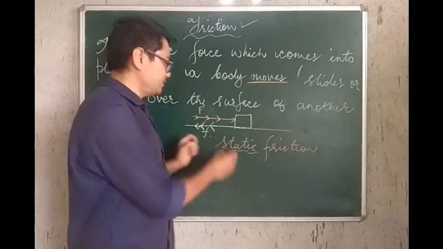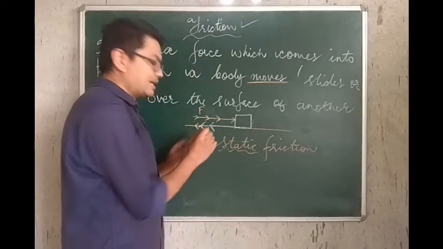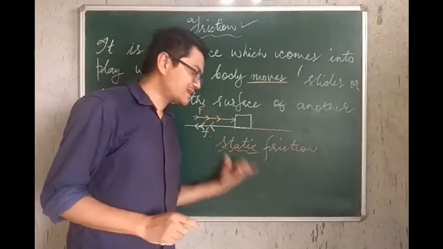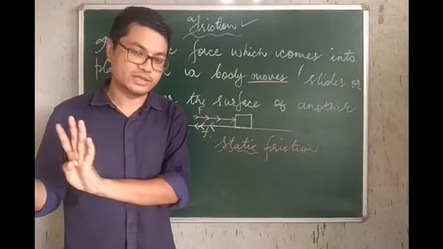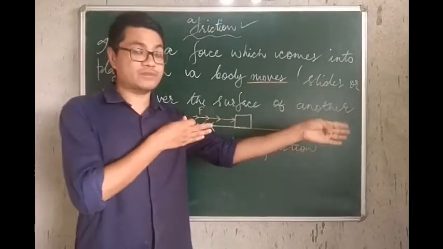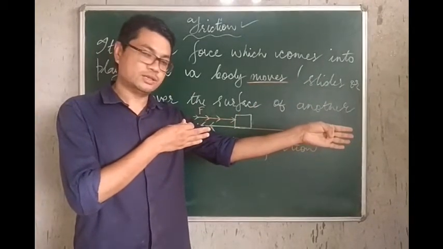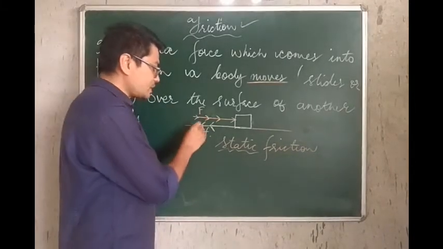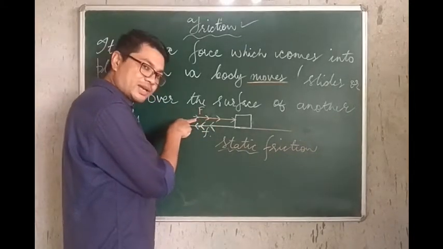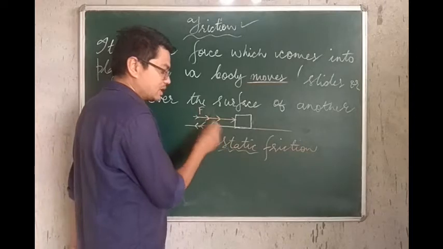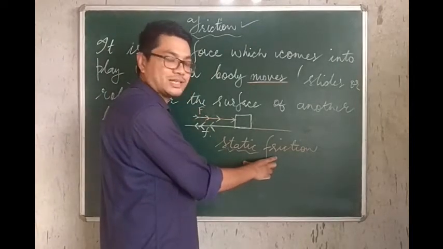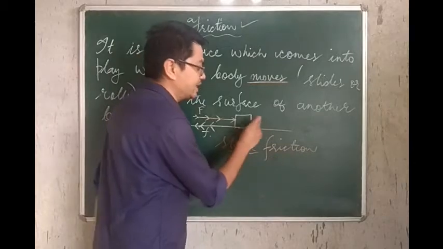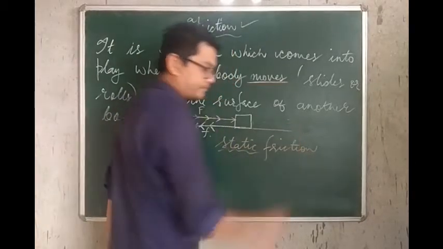Okay? Because the force of friction has a limit. The force of static friction has a limit up to which only it can increase. So it has a maximum value up to which it can increase. Okay? After which, when I increase my external applied force, what happens is this external force overcomes the maximum force of static friction, and then after the body starts moving.